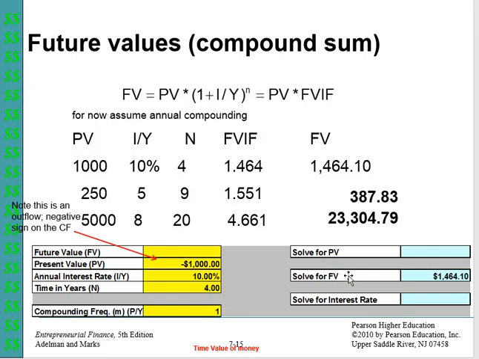So the future value is $1,464.10. So what I would suggest you do is maybe put your video on pause, get a financial spreadsheet and work this problem, work the other examples to make sure that you can come up with the same numbers as what I have here for these future values.